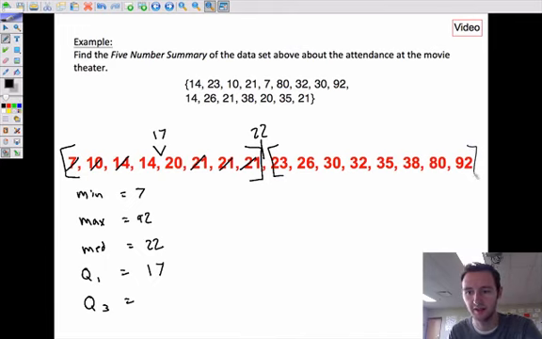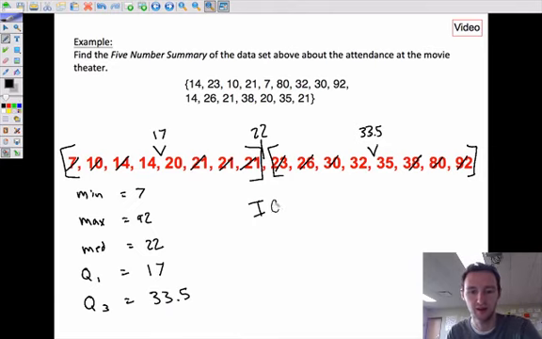In the upper half of the data, it looks like 33.5 for our Q3.